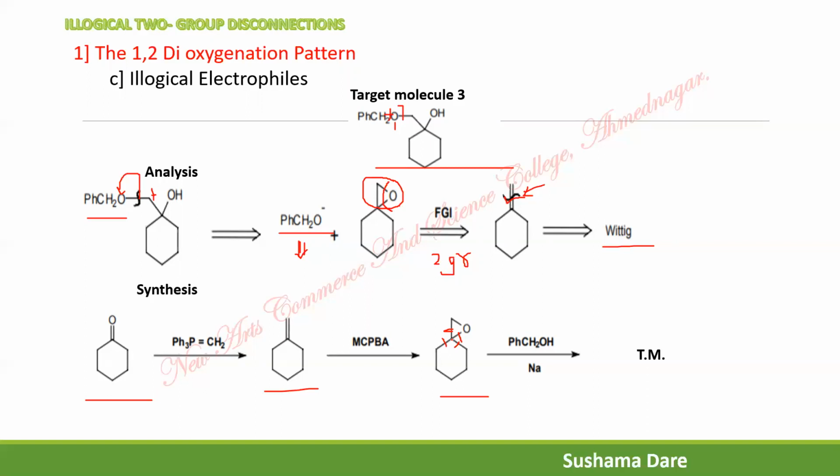So the possibility of a nucleophile attacking at this substituted carbon is ruled out. That's why we can go with the base catalyzed reaction. So in this base catalyzed reaction, the nucleophile attacks the less hindered carbon. So it is what? This prefers an SN2 mechanism. So this is a ring opening reaction via base catalyzed mechanism.